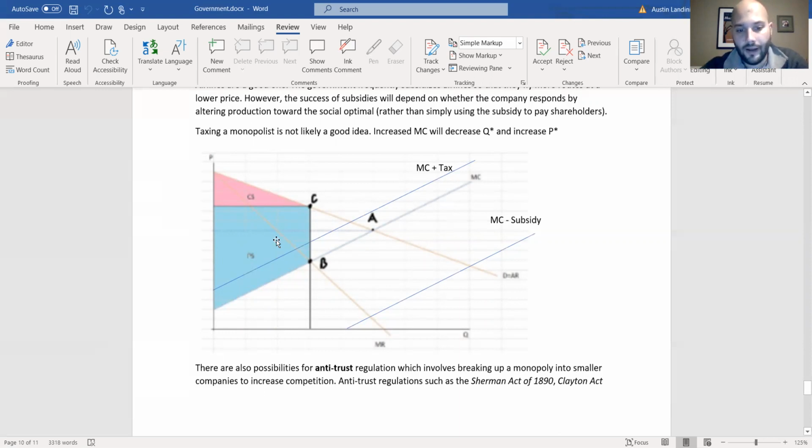Okay, but it's very hard to be a perfect discriminating monopolist, because you would have to have some way of knowing every person's willingness to pay. So then they talk a little bit about alternative price discrimination, which is like block or group pricing, or also like quantity discounts. And the book argues that those can actually be welfare maximizing compared to the regular monopolist, because again, it encourages sales at a lower price, closer to the perfectly competitive quantity.